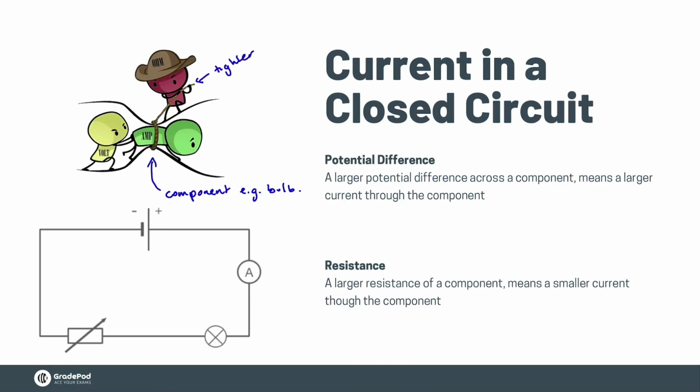And it's making it very tricky for the current to get through, our green figure to get through. And that's exactly what resistance is. If you increase resistance, it makes it trickier for the current to get through, and the current decreases.